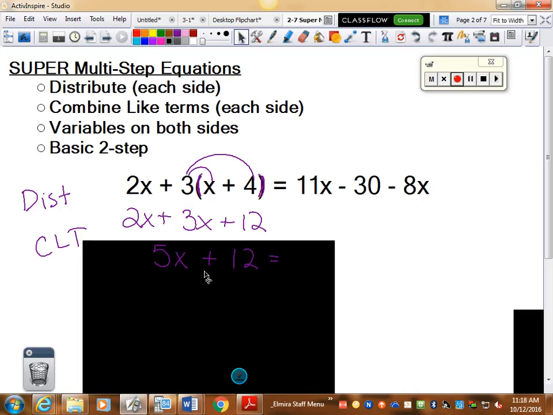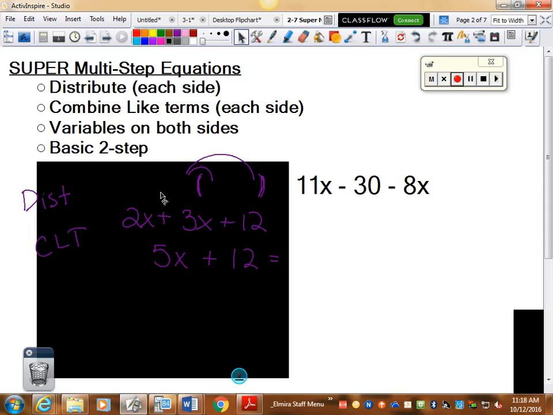So I'm going to focus now on this side. And again, I'm going to look for a distributive. Let's see, parentheses, no parentheses. So I don't have to do that step on this side because there just isn't any. So then I'm going to combine like terms.